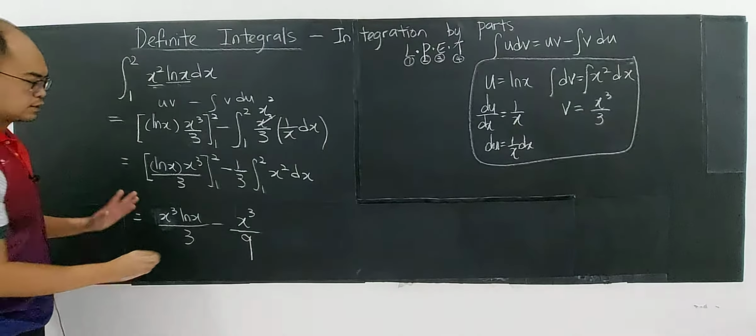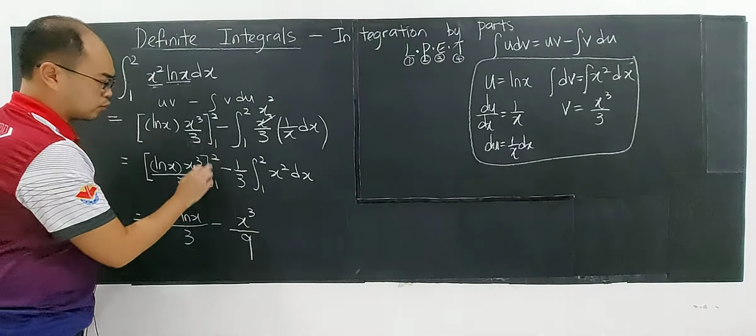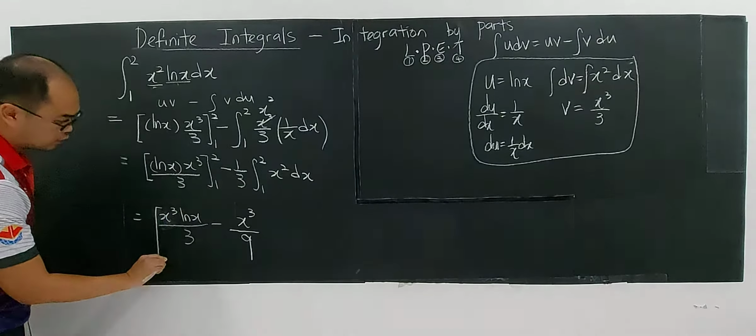Now you have completely integrated everything from 1 up to 2: x cubed ln x over 3 minus 1 over 9 x cubed, from 1 up to 2.